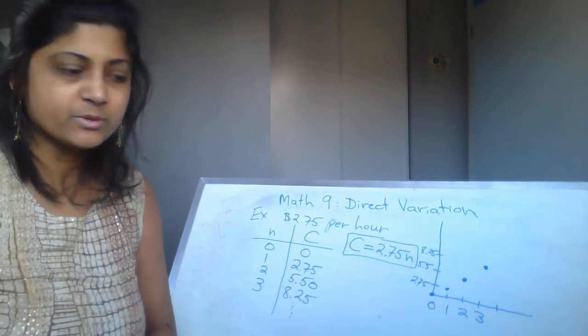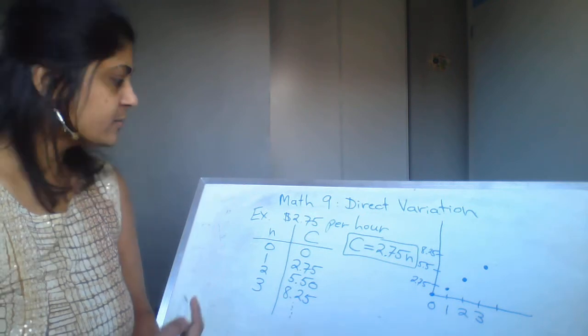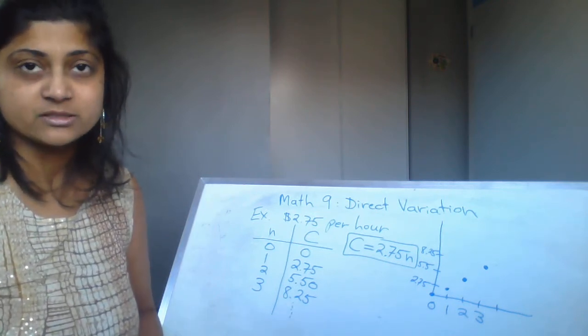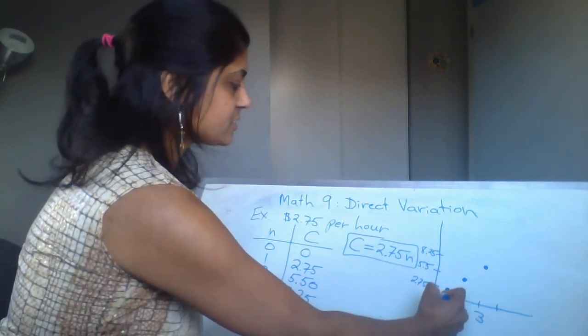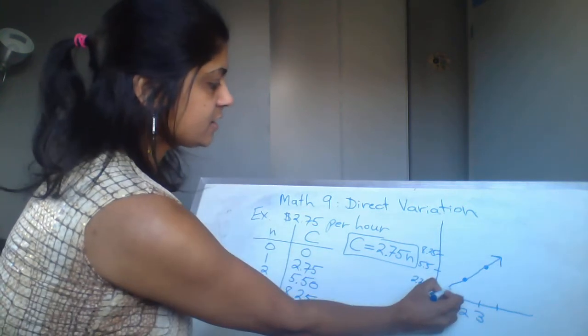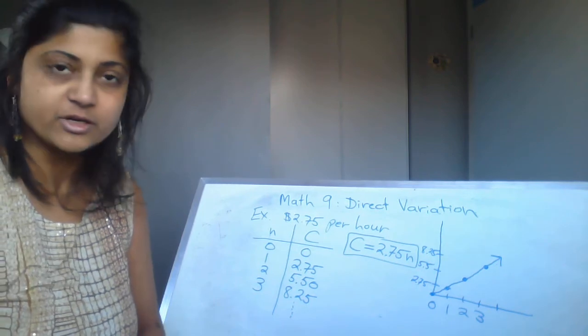Anytime you represent a direct variation graphically and it's not a straight line, make sure you go back and check your table as well as your equation. Make sure you wrote it down correctly. So I'm going to join all these points together like this and make a straight line. So you can see that this is a linear variation.